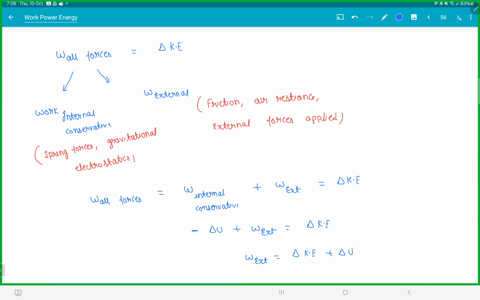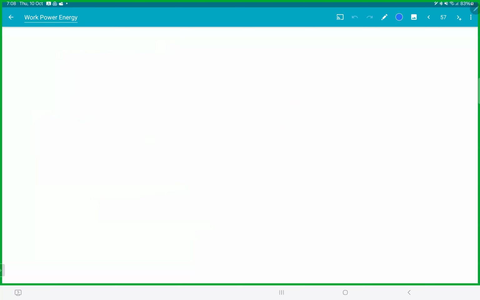Clear, everyone? Now, if I write this, the work done by external forces is change in potential plus change in kinetic. So potential energy plus kinetic energy is called total mechanical energy.